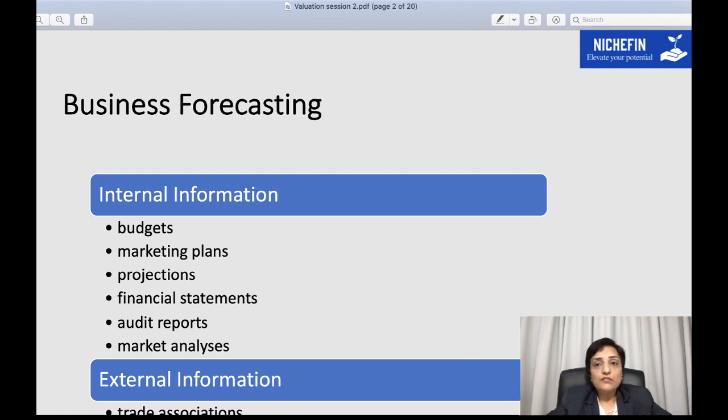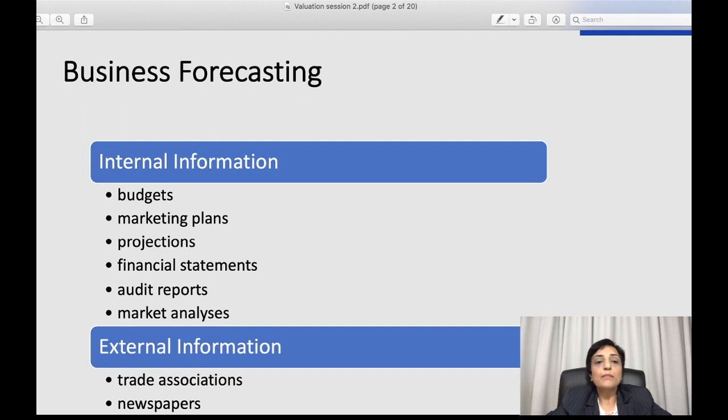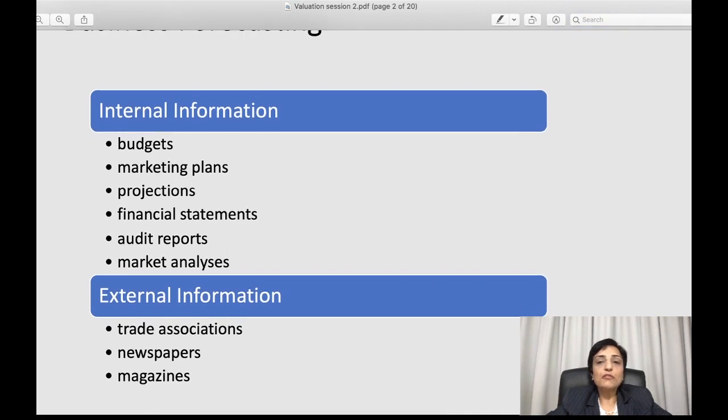The internal information can be sourced from things like budgets of the companies, marketing plans, projections, the financial statements, the income statement, the profit and loss, the balance sheet, statement of retained earnings and cash flow statements, the audit reports, market analysis reports, etc. The external information can be sourced through various external websites.